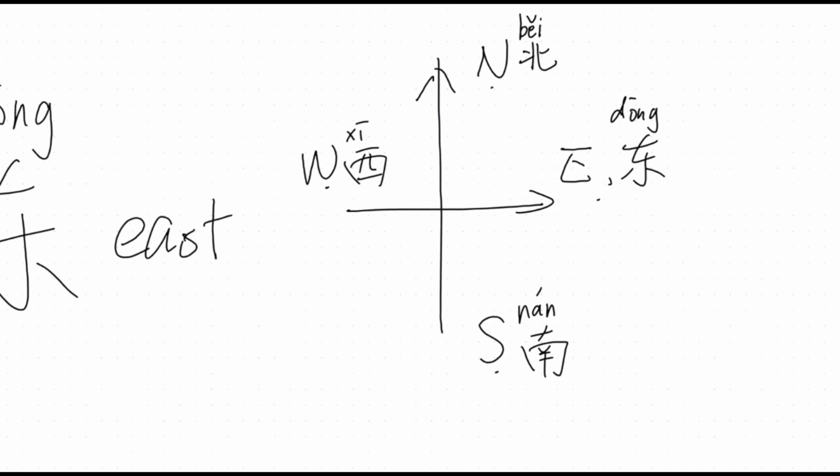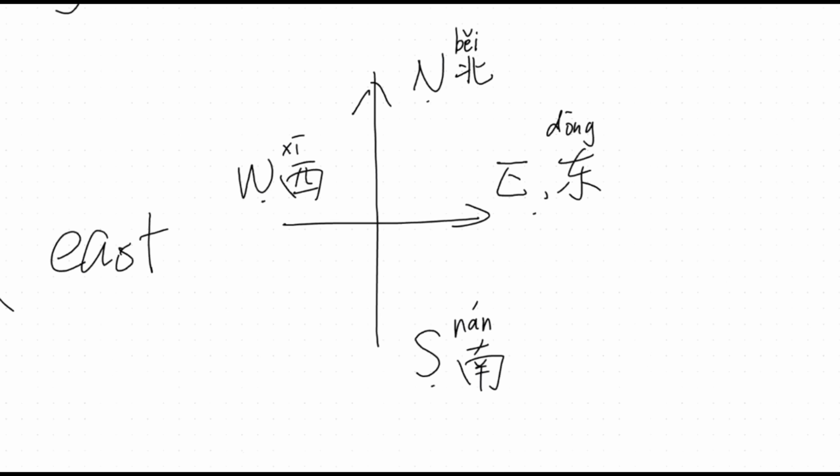Dong, Nan, Xi, Bei. 4 characters, 4 directions.